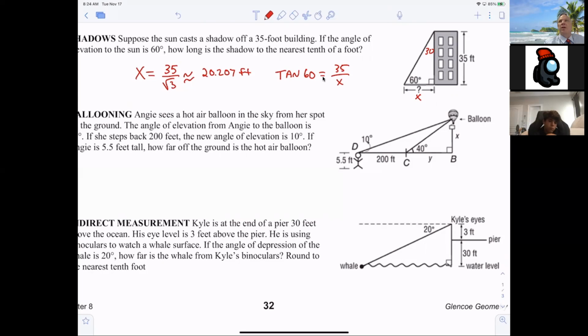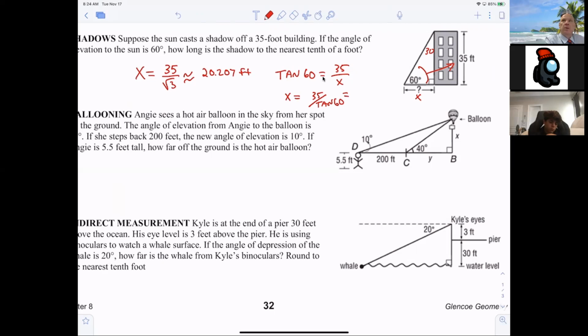Tangent's opposite over adjacent. So tangent of 60 is opposite of this angle here, which is 60, and the adjacent is X. So I want everybody to write that X is equal to 35 divided by tangent of 60. So now take 35 and divide it by tangent of 60, and hopefully that's 20.207.